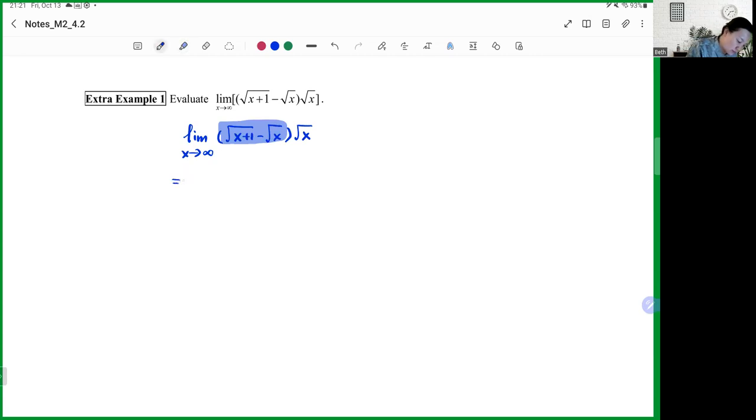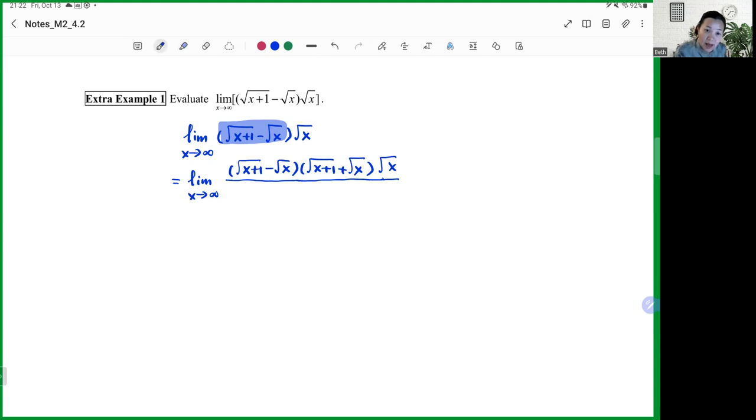So in my next step, I'm going to multiply the conjugate. Now, how about this? I'll just copy it and leave it there. I will not multiply the conjugate of this either. This, I'll just leave it. And then I'll multiply the same thing in the denominator. Okay.